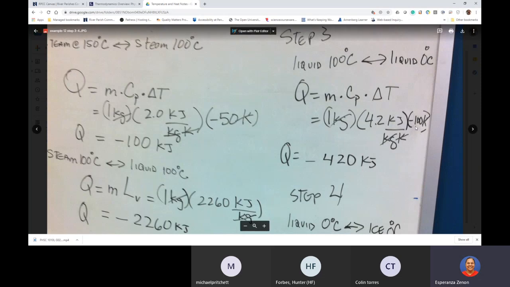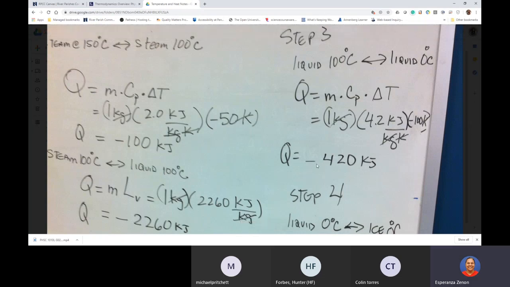So that's why it's negative 100 Kelvin. So I cancel out my kilograms. I cancel out Kelvin. I'm left with kilojoules. And look, this comes out negative automatically because there's a negative sign. So in order to change this liquid from 100 degrees Celsius to 0 degrees Celsius, I have to remove an additional 420 kilojoules of heat.